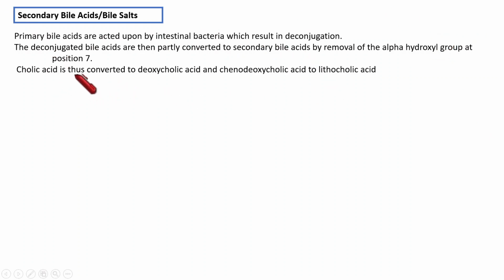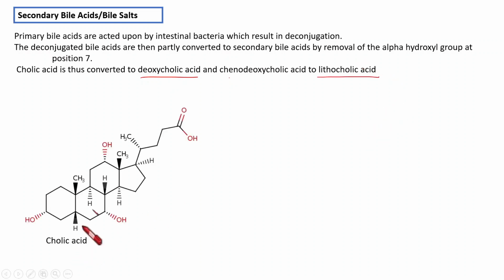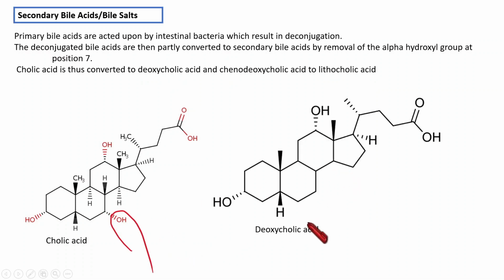In that way, cholic acid is converted to deoxycholic acid and chenodeoxycholic acid is converted to lithocholic acid. Let's see the structure of cholic acid. This is cholic acid. We can see the OH group at the seventh position, which is removed, and as a result deoxycholic acid, a secondary bile acid, is formed. So in this way, bile acid is synthesized. I hope that's clear to you.